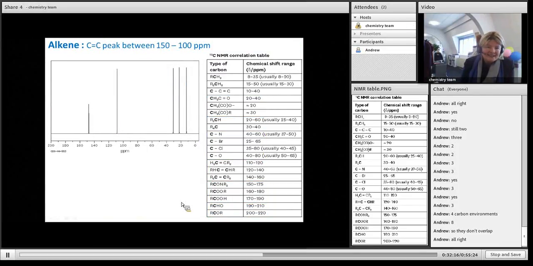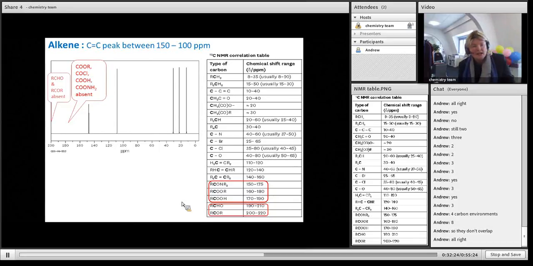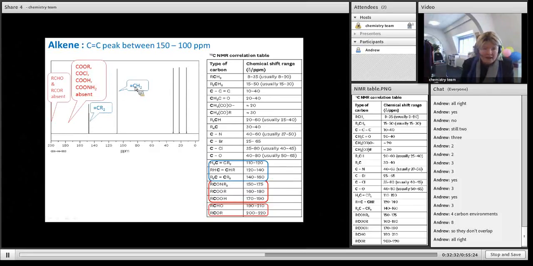Right. An alkene. You can spot an alkene very easily because it's got peaks between the 100 and the 150 range. So starting in the usual systematic way, no aldehyde or ketone, no carbonyls. Then we do have an alkene. And notice we know exactly what type of alkene it is. One carbon of the double bond is attached to 2 hydrogens because that is sort of below 120. Can you see that? 110 to 120.